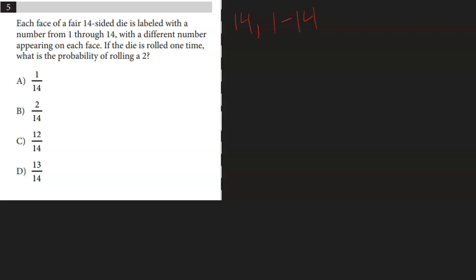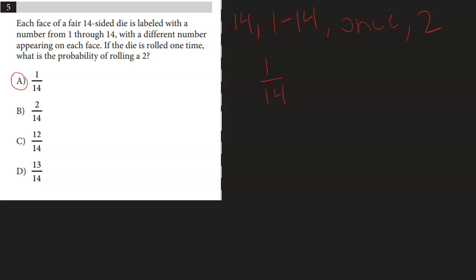The die is rolled one time. What is the probability of rolling a 2? So it's rolled once, and we're going for a 2. So if 2 is just one number out of 14, then the odds of you hitting it is one number out of 14. So very quickly, you should find that it's A.